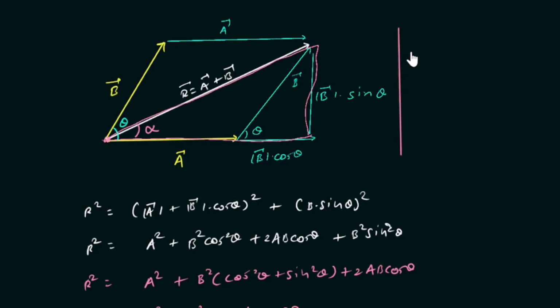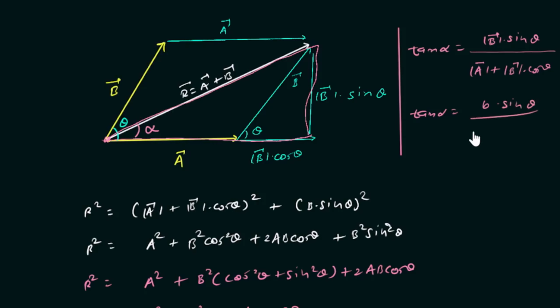Tan alpha will be the opposite, B sin theta, divided by the base, which is A plus B cos theta. Sometimes the magnitude of vector B is written as small b, so it is b sin theta divided by A plus b cos theta.